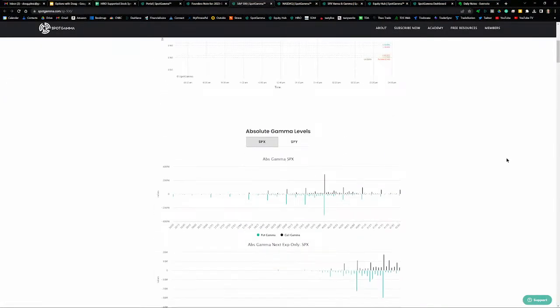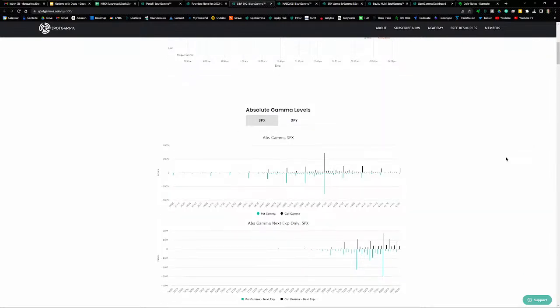So these are the S&P 500 gamma levels, absolute gamma levels. What this is showing, here's the zero line, and this is positive gamma or call gamma above, shown with the black bars, and negative gamma or put gamma shown with the teal bars below. This is the 4,000 level, that's SPX 4,000, and that is the key gamma strike.